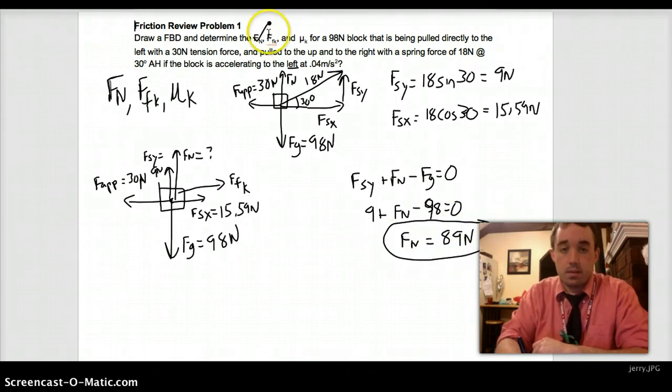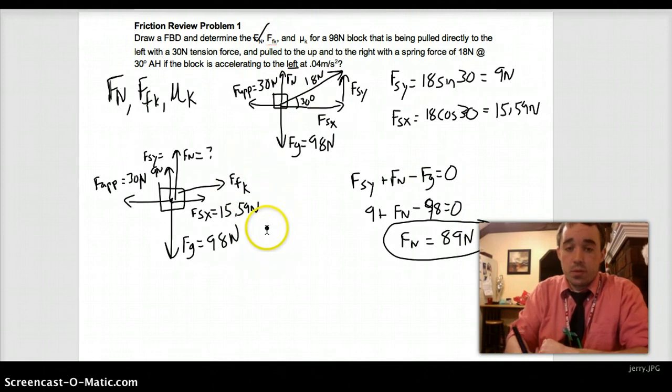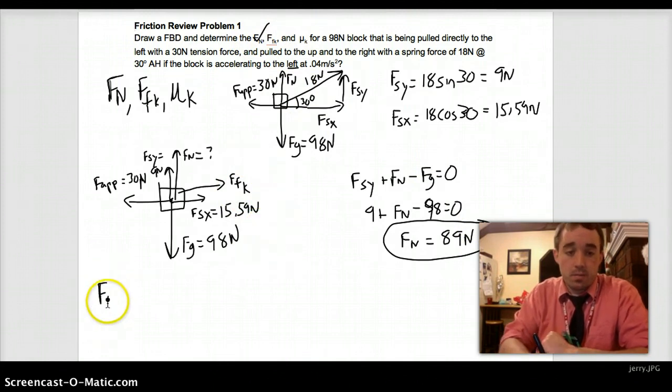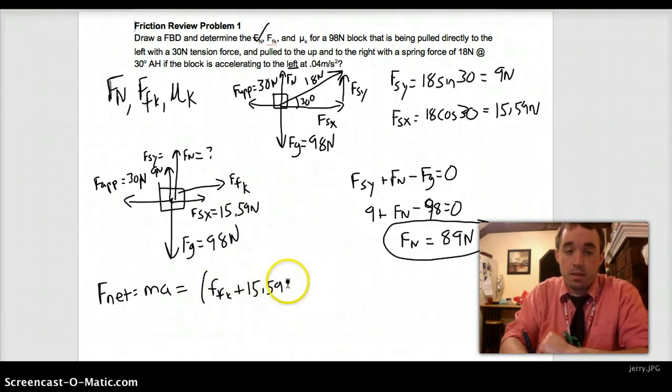That part is done. My FFK, a little bit more tricky. I've got to use my net force. My go-to equation, F net equals m times a. But my net force is all of my right forces minus all of my left. And all of my right forces, FFK, plus 15.59, minus my left, which is 30.